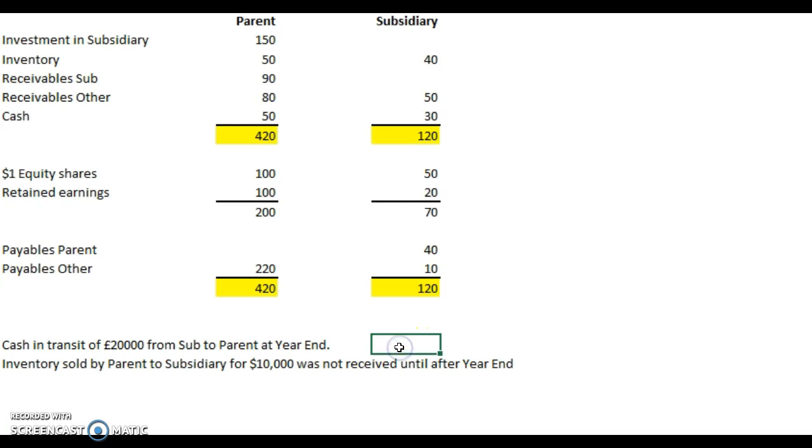The question says cash in transit of 20,000 from the subsidiary to the parent. Well, it was in transit at the year end. So what does this mean? It was from the subsidiary, so it means these payables have been reduced and the cash has been reduced and it's not arrived at this end yet.